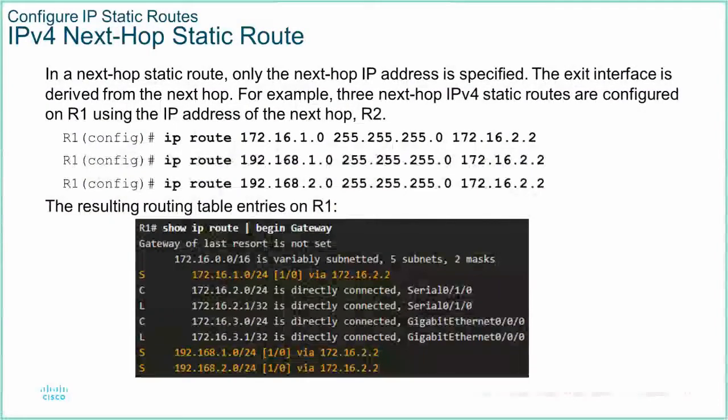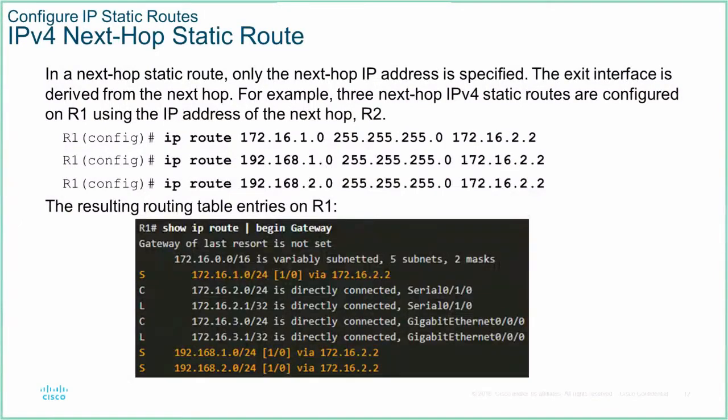So you've got to put in a route for the 172.16.1.0 network and give it the address that it can go via to get to that network. The same with the 192.168.1 and 2 networks. Now you'll notice they are all pointing to the same address.